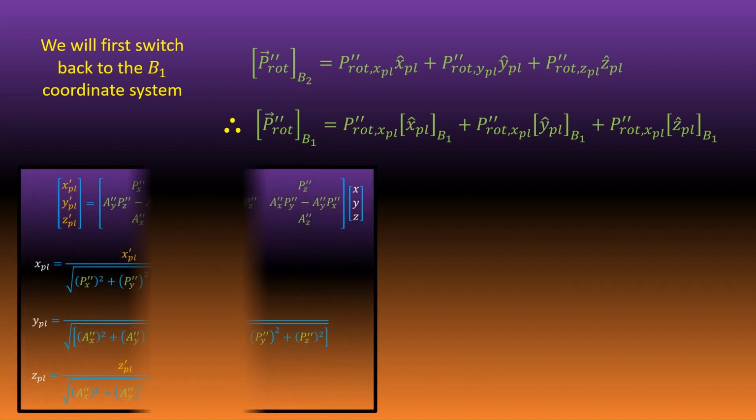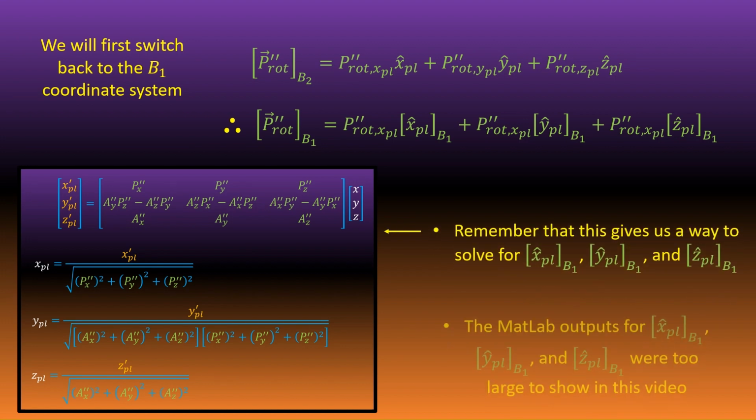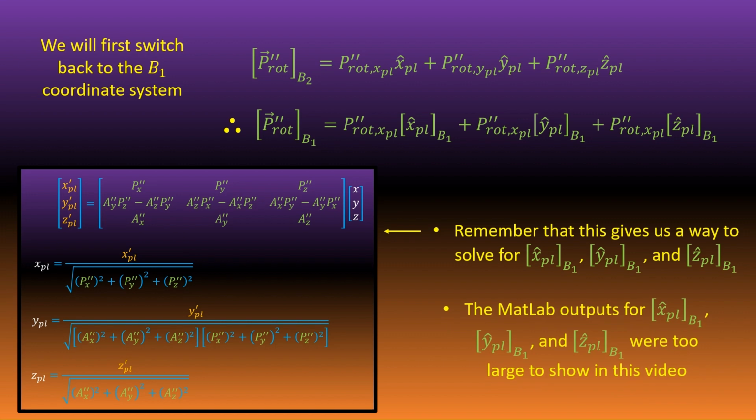And once again, we have a way to solve for x hat PL, y hat PL, and z hat PL in terms of B1. But once again, this is way too much to show on the screen. The expressions are way too large, so I'll just keep everything in terms of these symbols, just to make things simple.